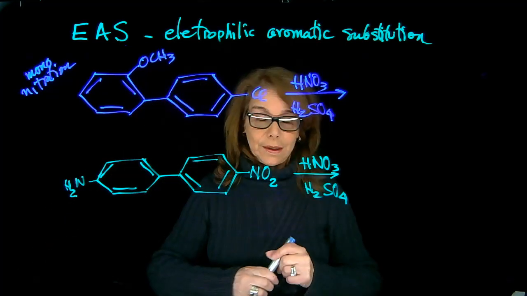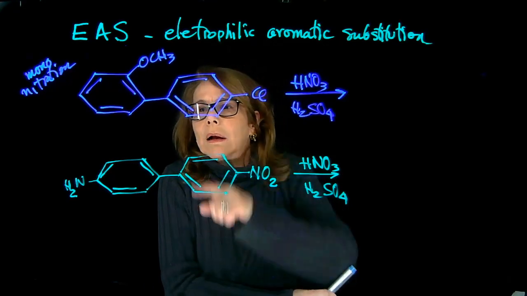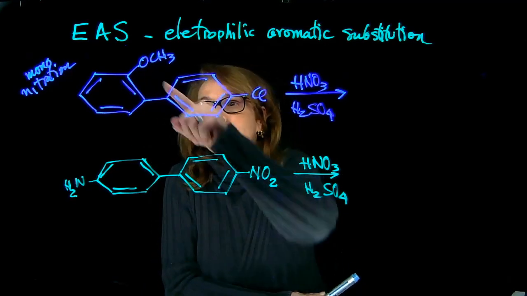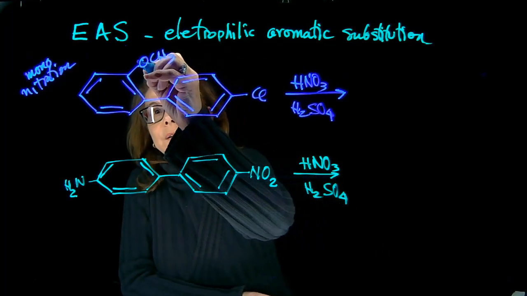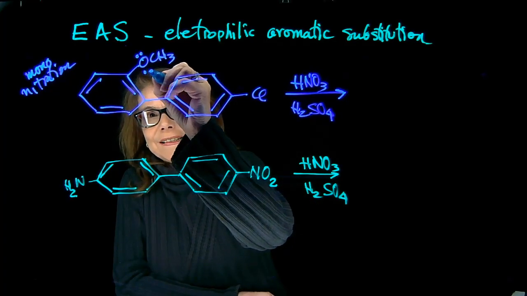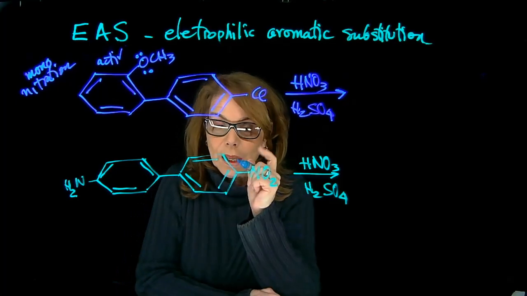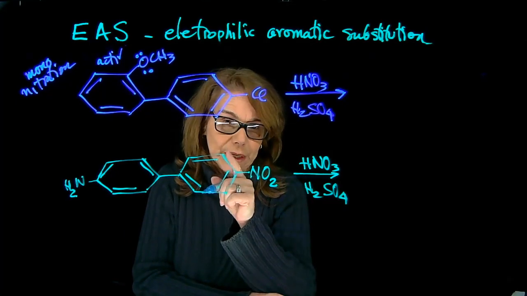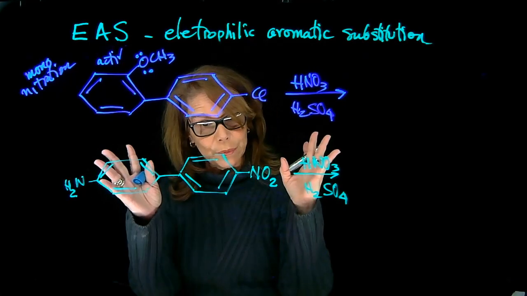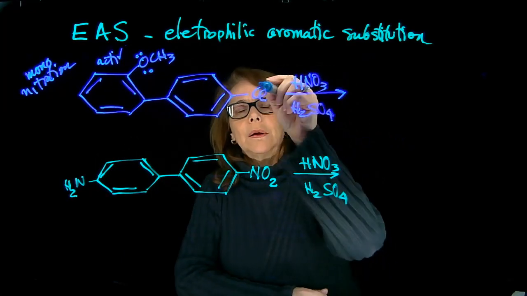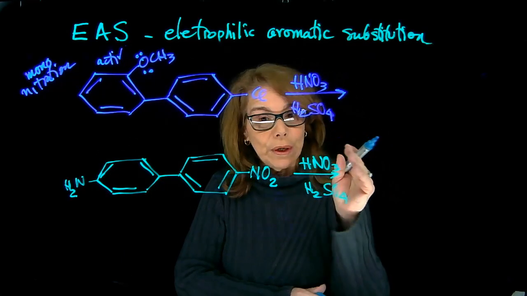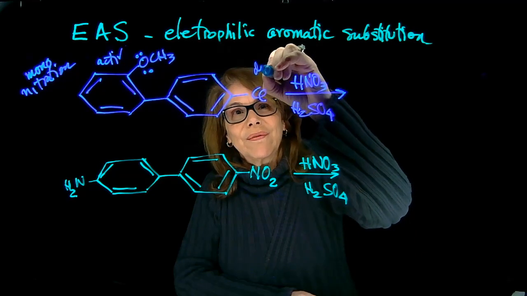In the compound above, this ring has a methoxy group, and the methoxy group is activating. I'm going to write that down, activating, and ortho-para directing. Here, chlorine is a weak deactivating group.